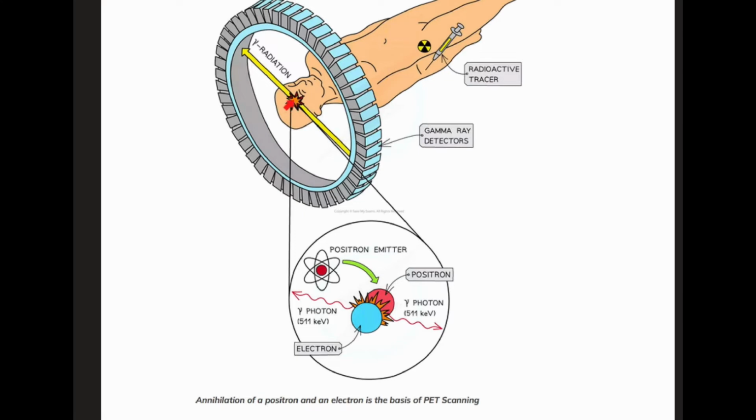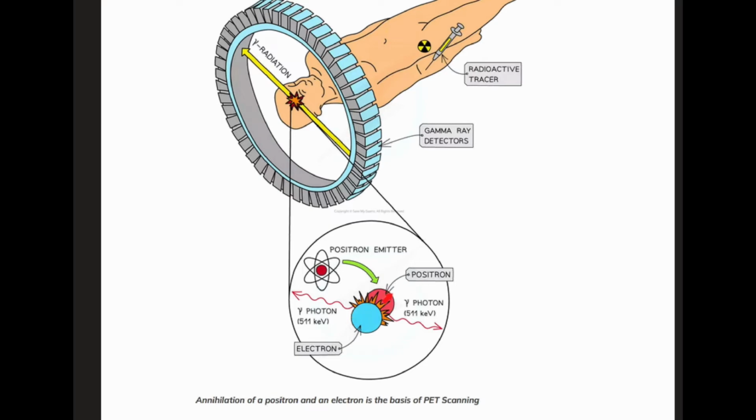The tumor with cancer cells uses a lot of glucose. The metabolic activity is high over here, so a lot of tracers come here, and then beta positive emission happens here, where the beta positive is emitted.